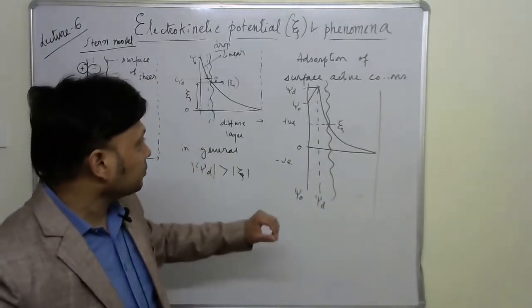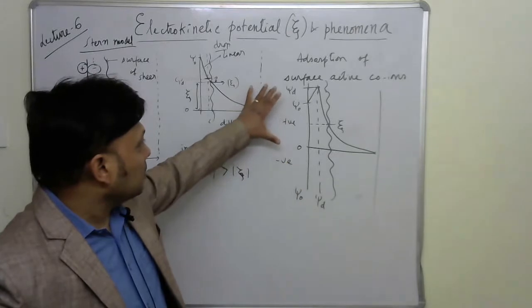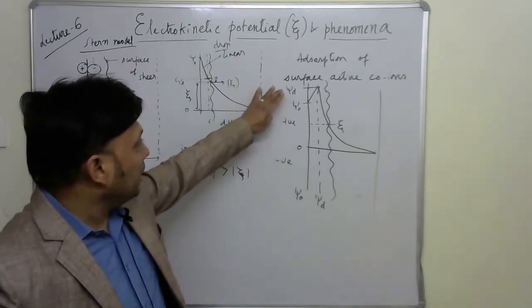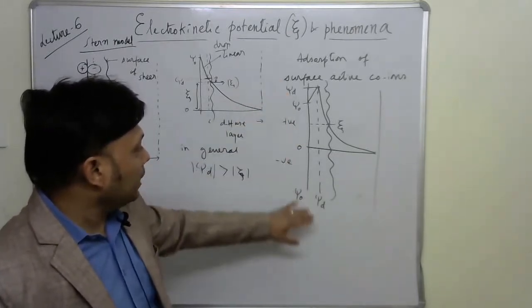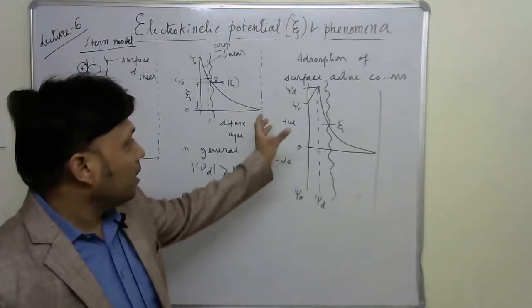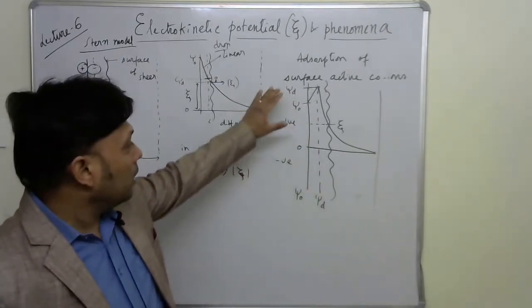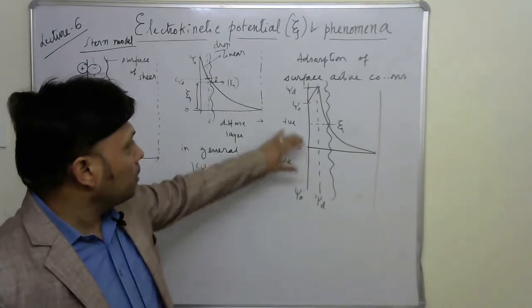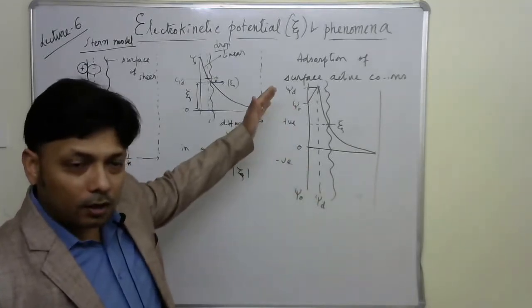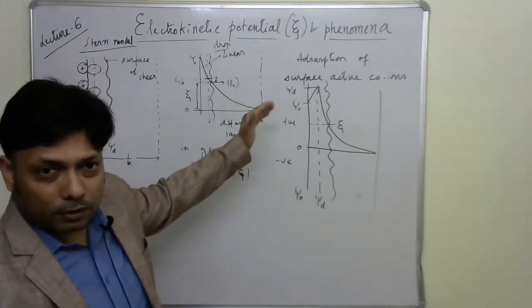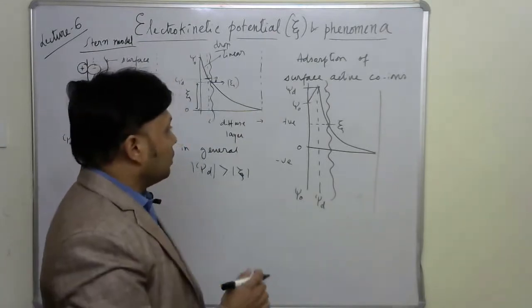And thirdly, what is the psi d and what is the difference between psi d and psi naught. Whether these are very closely positive or they are extremely opposite with a large amount of difference. Okay, so it all depends.